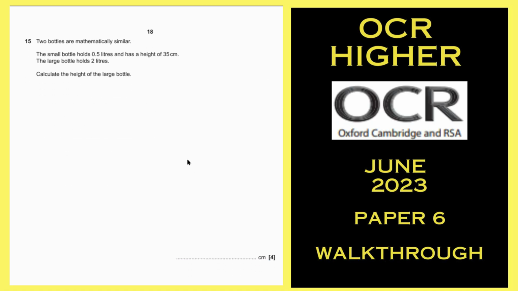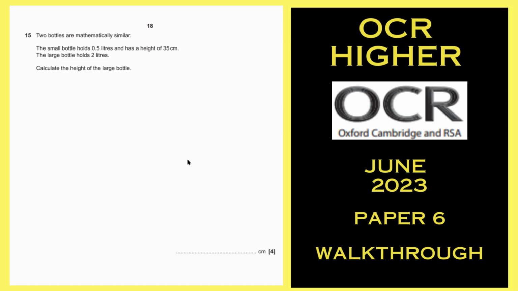Number 15. When it says similar, it really means there's a multiplier that relates the two. I like to set these questions up. It's not the most waffly or wordy in the world, but I still follow the same process of going, right, we've got small, we've got large.